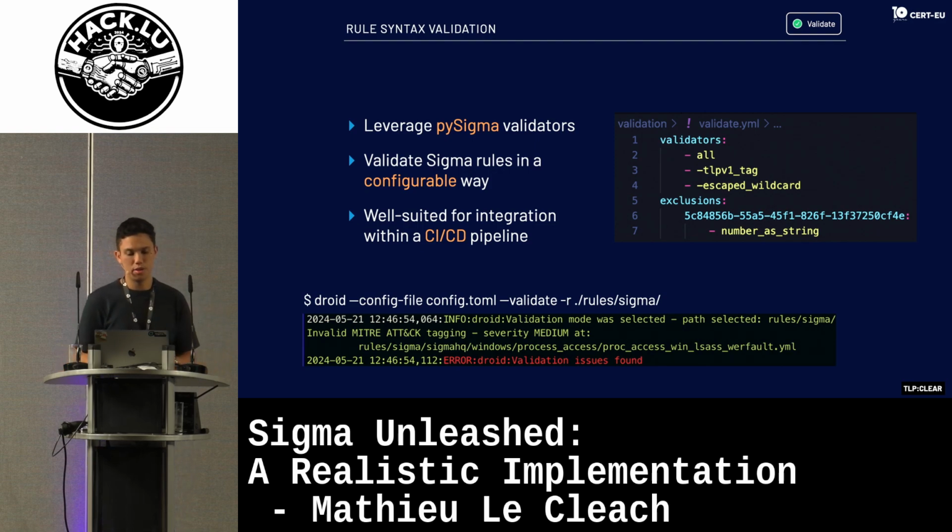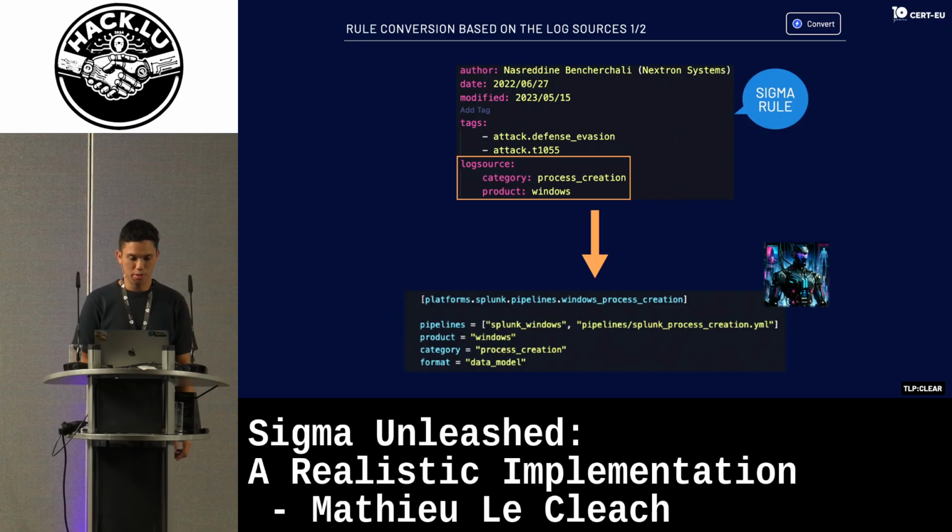So PySigma is able to spot if there will be an error in the conversion process. It's obviously configurable, so you can apply some exclusions for the validation based on the syntax, and it will flag and put an exit code if there is an error.